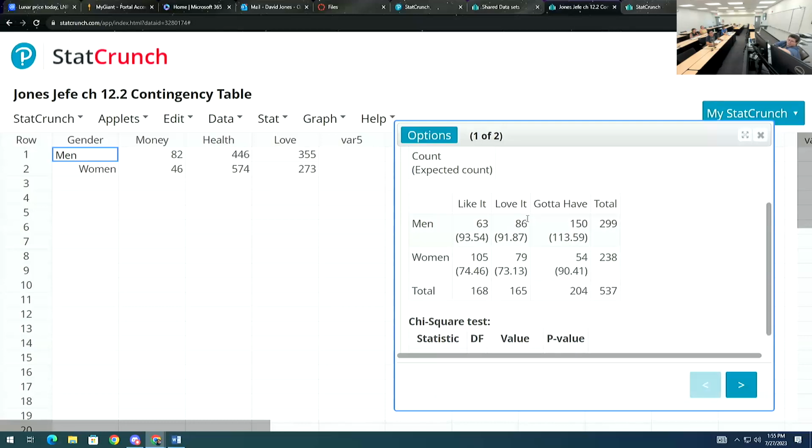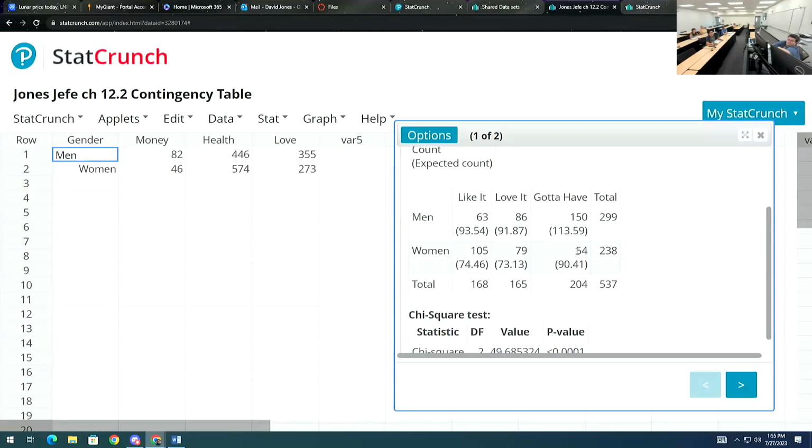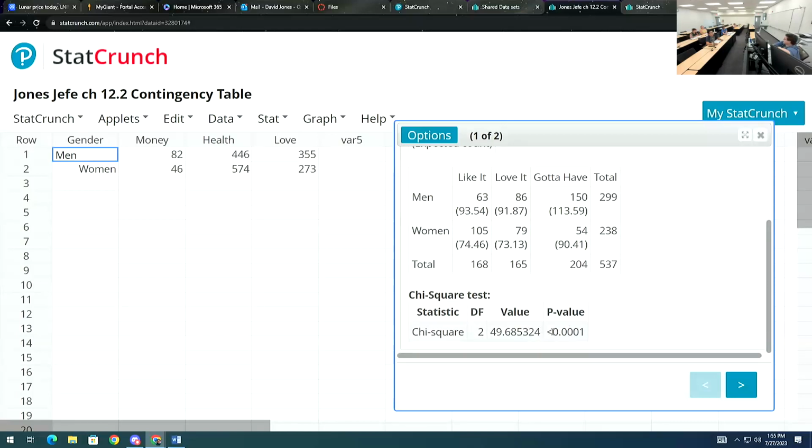The medium's still right around where it needs to be, but a lot more women should have picked large if gender doesn't matter. This also illustrates it, but the contributions one shows it more. Some of them you'll even see say 0 because they're so close to the actual value that it's not affecting it. The p-value and the chi-square don't change, so it doesn't matter which of those display options you select.